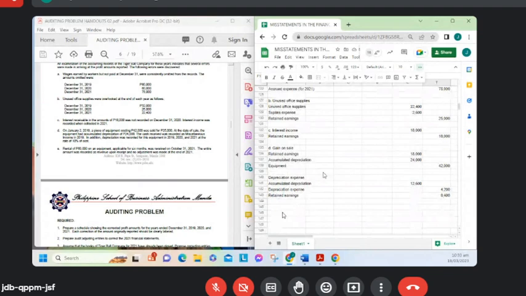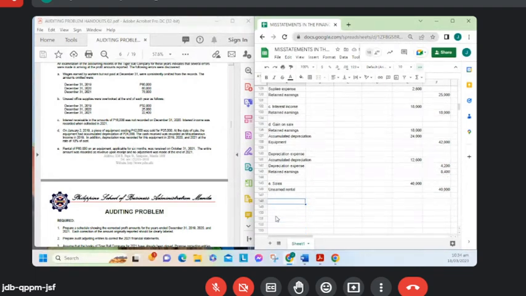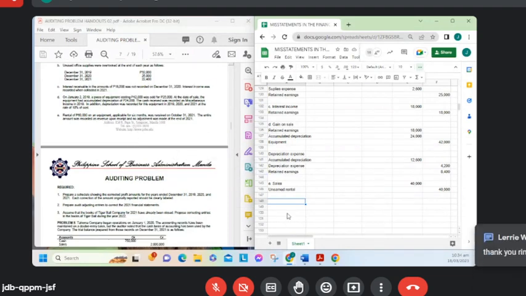So it is overstated because it was recorded as revenue in 2021. So letter E should be a debit to sales and then unearned rental. That's 40,000 pesos. Thank you again, Larry. So letter E is 40,000 debit to sales and 40,000 credit to unearned rental.